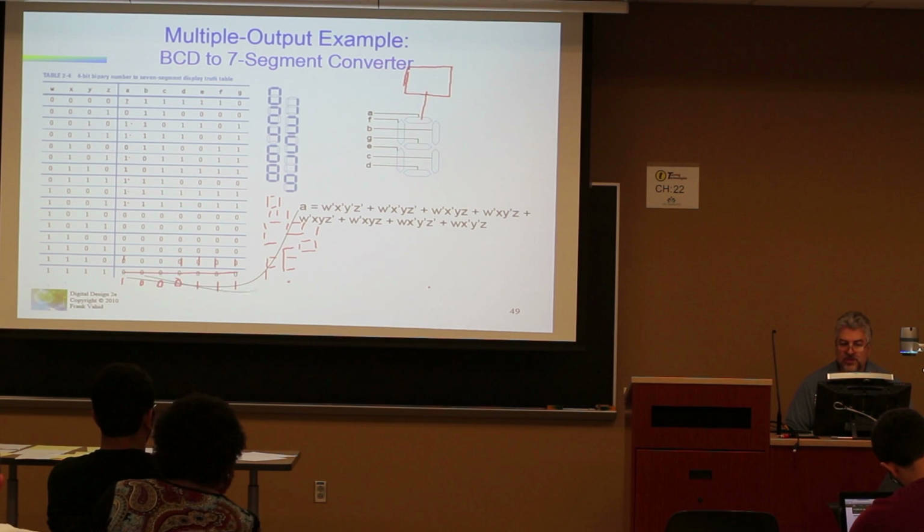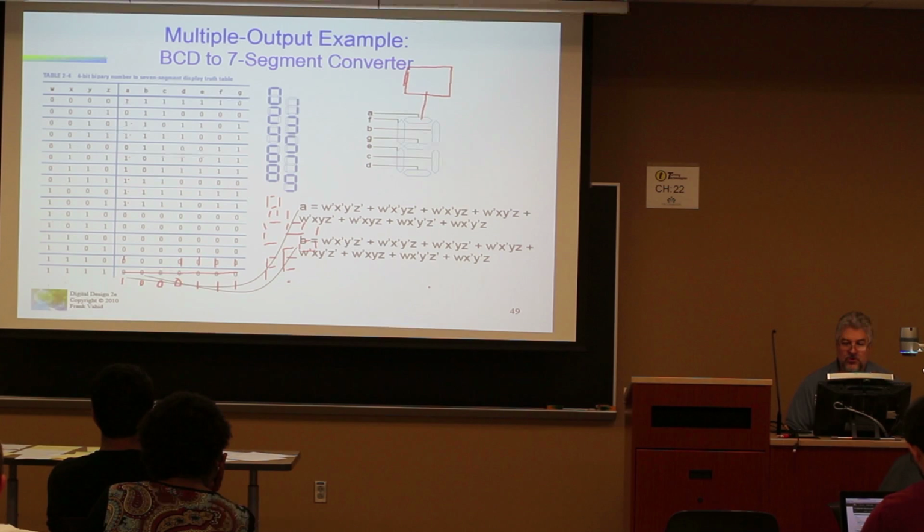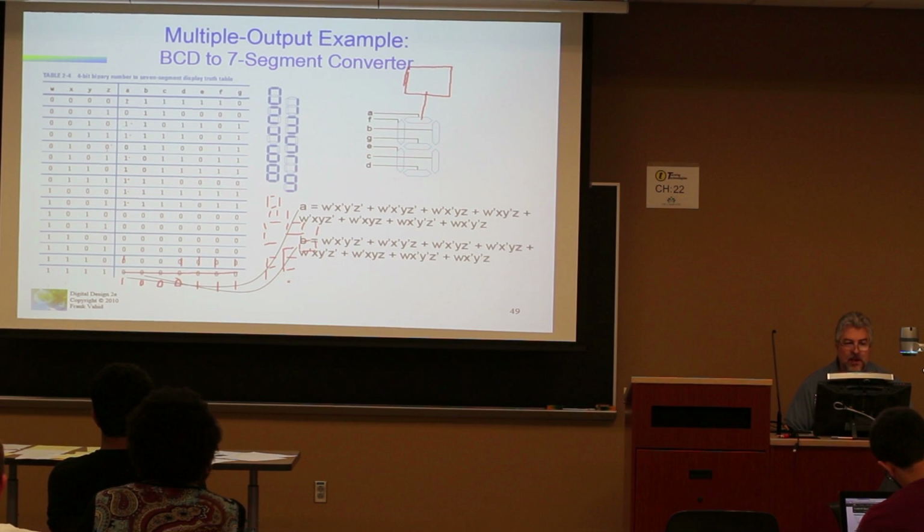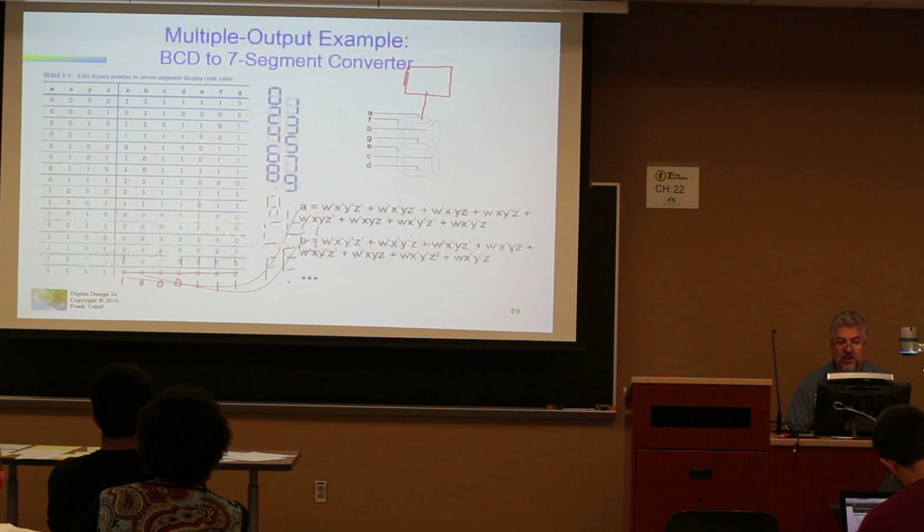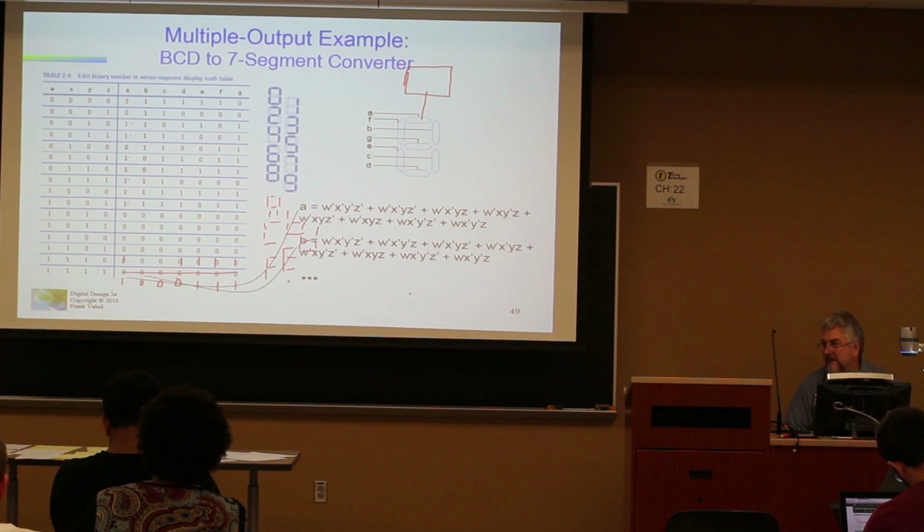And that representation for B, you would do the same way because it has how many? 1, 2, 3, 4, 5, 6, 7, 8 elements as well. And so on and so on. So if you were actually to look at this, you would have a pretty complex equation for all of these. Is there a way to simplify it? What do you think? What's the way to simplify this?